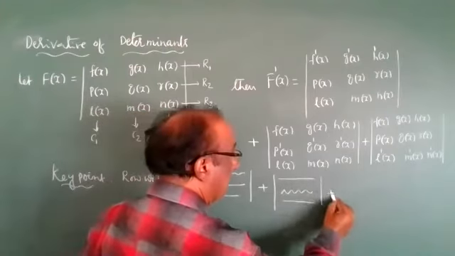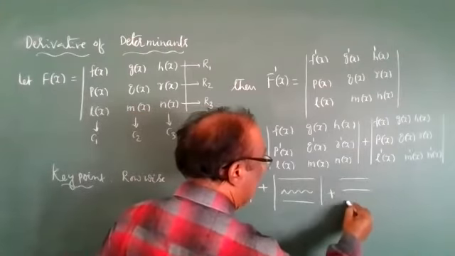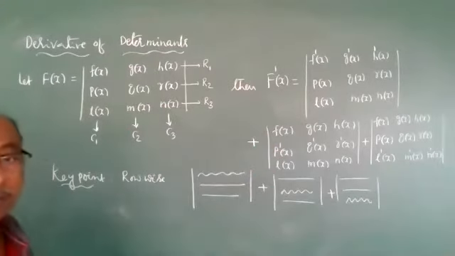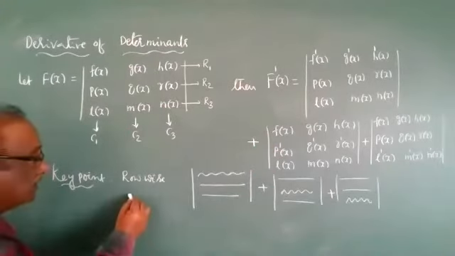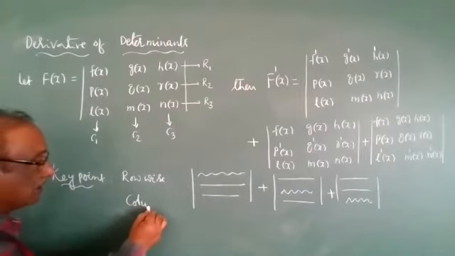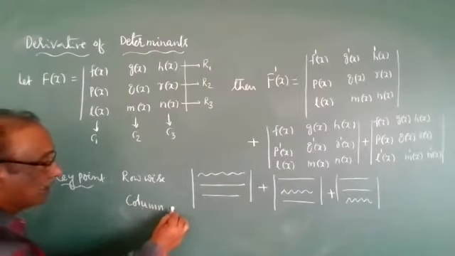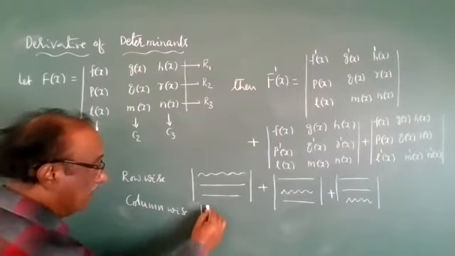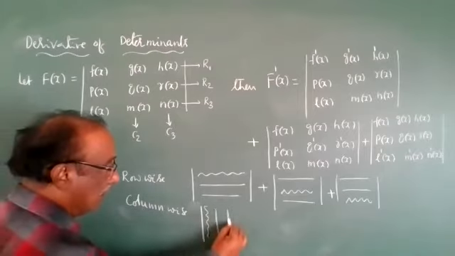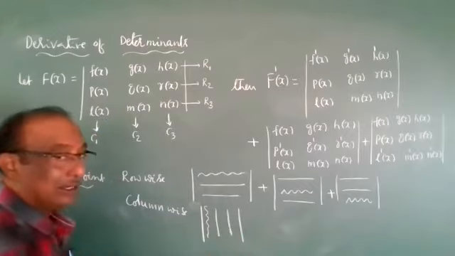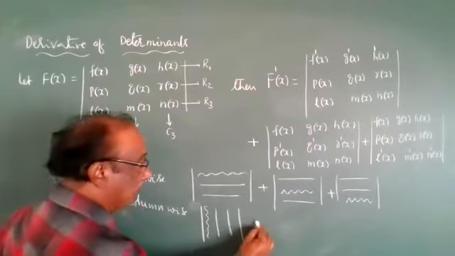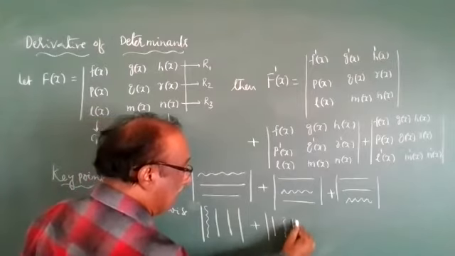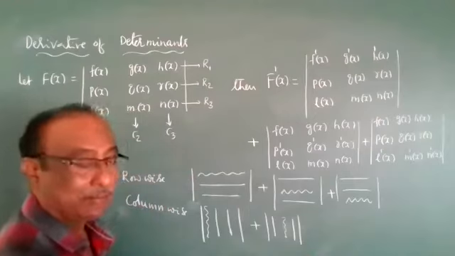Next, first and second rows same, third row derivative. Column wise, the key point is: first column derivative, remaining two columns the same. Second, first column same, second column derivative, third column the same.